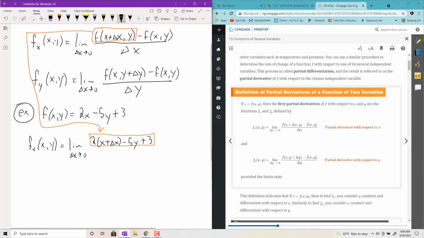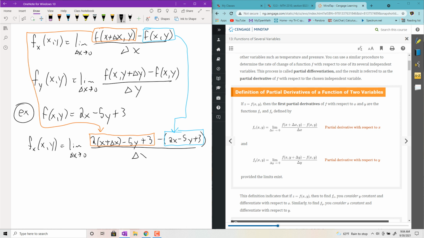And then I subtract f of x y. I need to put it in parentheses to remind myself to distribute the negative, because we're subtracting the entire expression. And it's all over change in x.